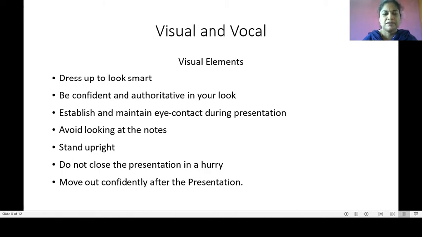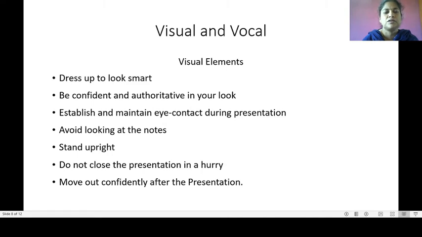The second thing one has to keep in mind is to be confident and authoritative in your look. Yes, the way you look at the audience plays a major role. If we find difficulty in looking at the audience, it gives out a different opinion.